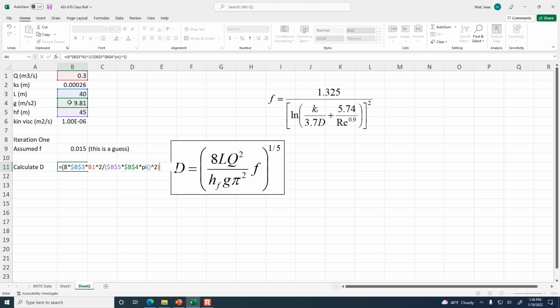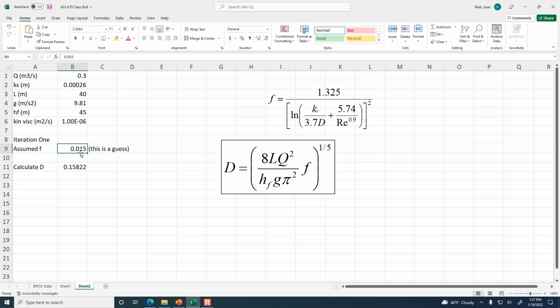Now I need to multiply all of that by F. I should have had F in this earlier part, but I can do it now. Times this guess F value, and then everything goes to the power of 1/5. So if that's the F value, then the required pipe diameter would be 0.158, and the units there are meters, the diameter of the pipe in meters.